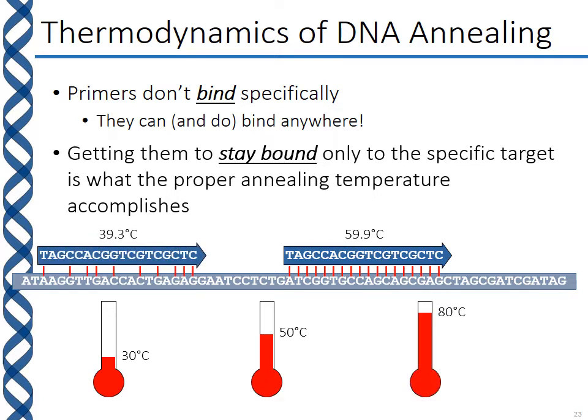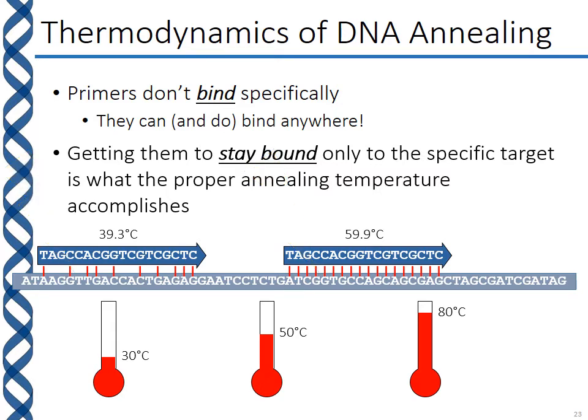If we apply even more energy into the system, we will be able to break the complete set of bonds from the primer on the left because we're applying 80 degrees worth of energy, and so that's greater than 39.3. However, that's also greater than 59.9 degrees.